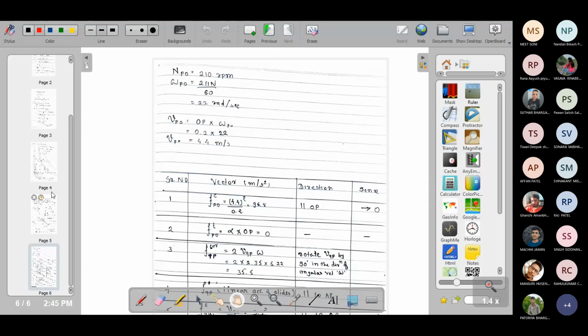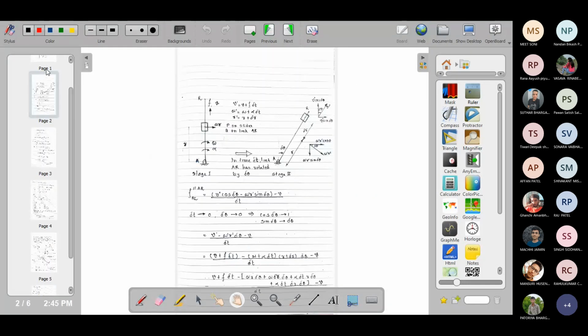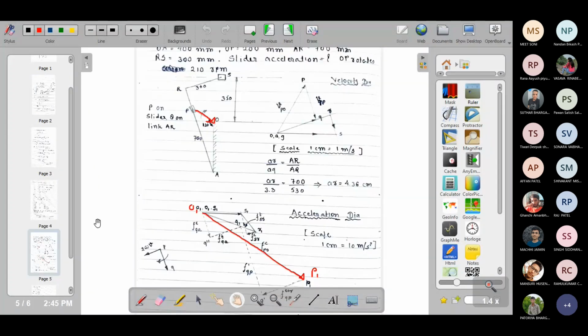Sorry. Sir, velocity of RA? Velocity of RA, no. This is omega, it is 120. Here it is 120. 210, just a minute.